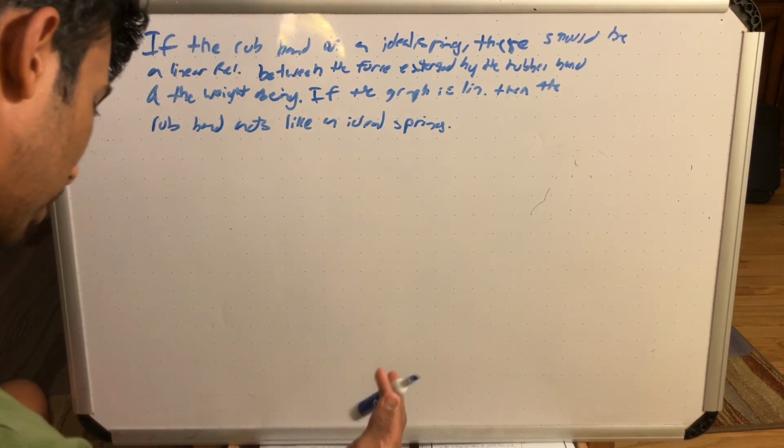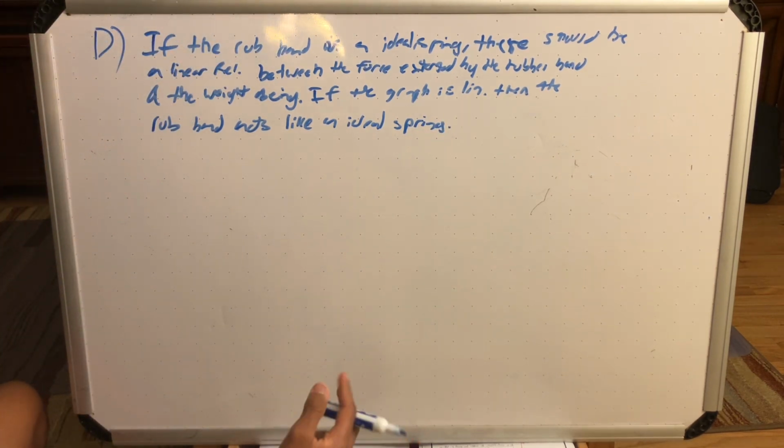And then for the last part, I need to say that it needs to be a straight line, and then F should be proportional to X, like a spring.